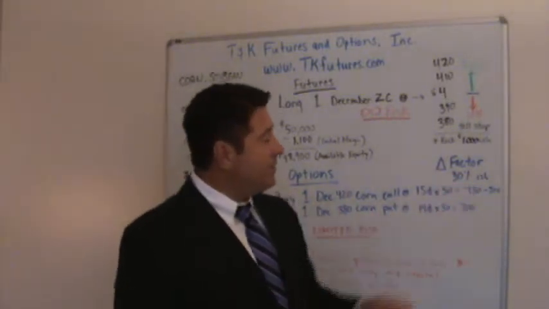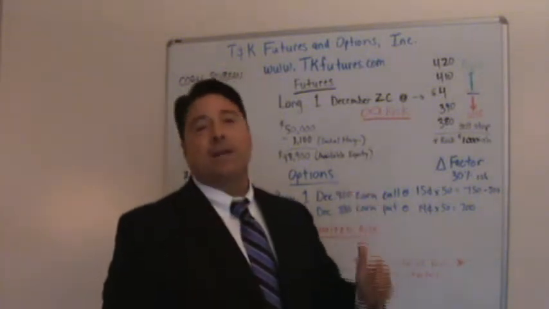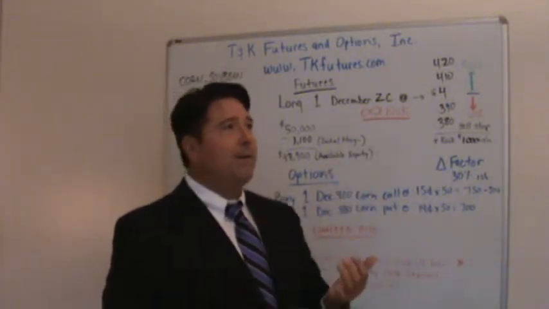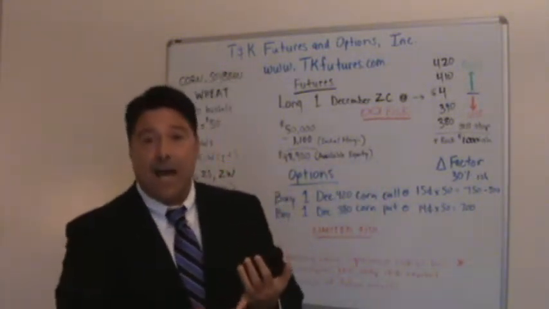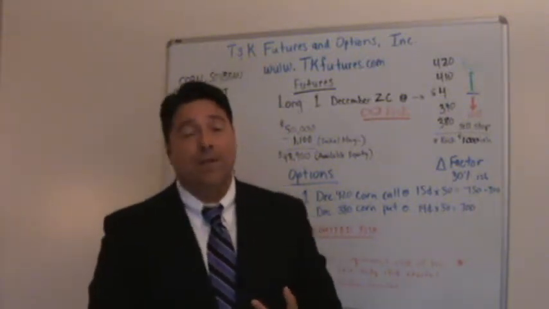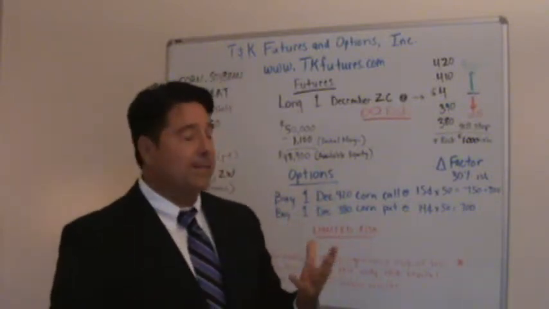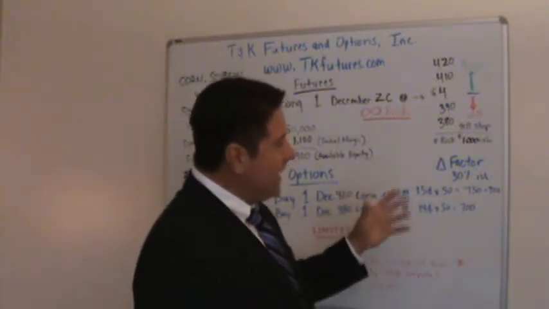I say 30-ish because as the market's moving, your delta factor is changing the whole time. You have to factor in time decay, which is called theta, and volatility premium, which is called vega. There's a lot of other factors involved in option prices, but 30-ish.